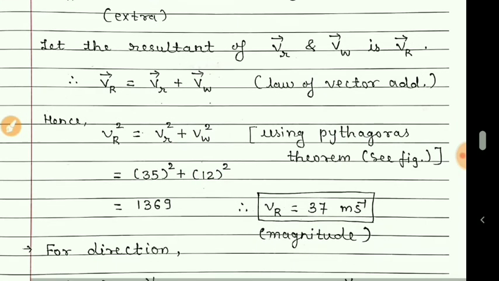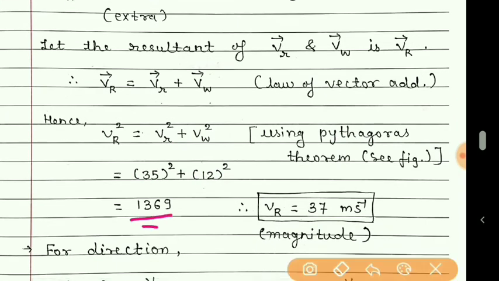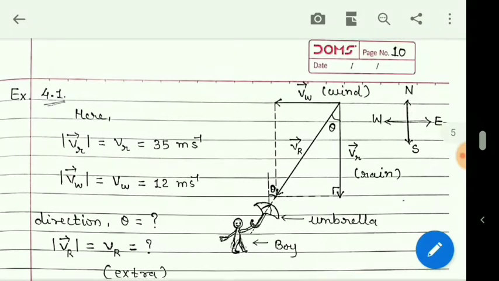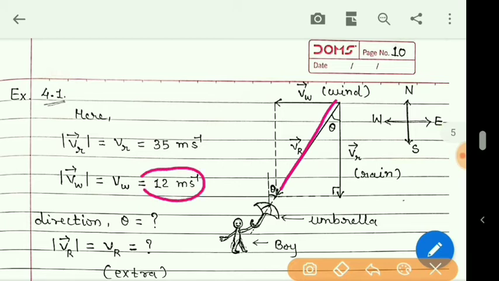But this 1369 is again the square of capital VR, that is, the square of that resultant V. So taking the square root, we will get VR equal to 37 meter per second. And so it is clear that the resultant velocity of the rainwater will be 37 meter per second in terms of its magnitude.